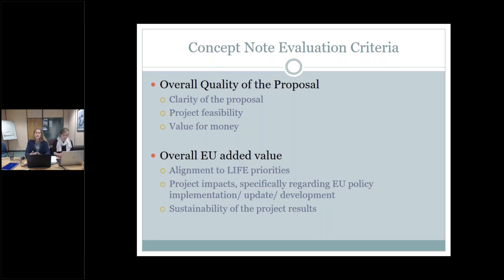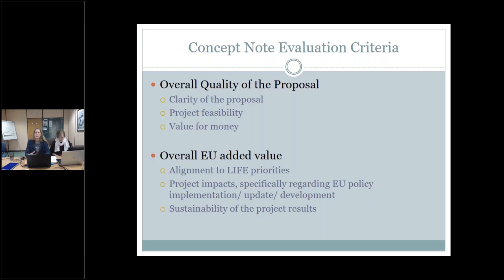So the evaluator must get the sense that you have a team, a partnership, that you are able to deliver what you're promising, what you are setting out in your objectives, that it's realistic, feasible, and value for money. Any main potential difficulties must be assessed, and a realistic mitigation strategy needs to be described.